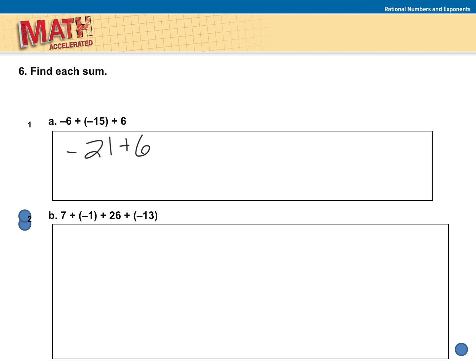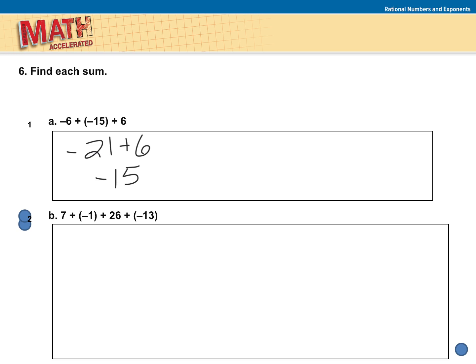So negative 21 plus 6. Help me out. What's negative 21 plus 6? Negative 15. And it's negative because our bigger number is negative. Nice job.